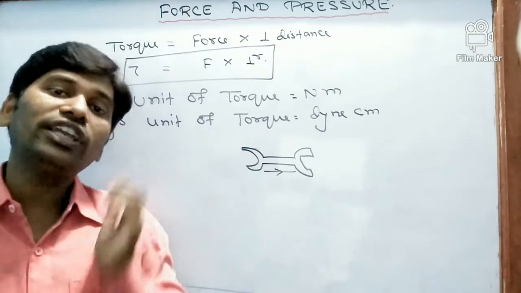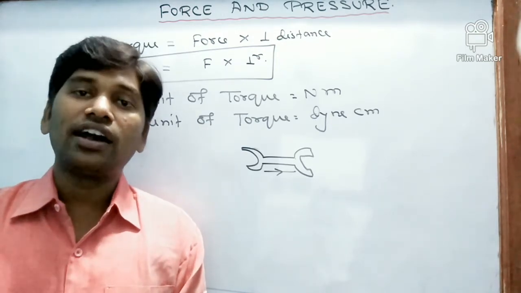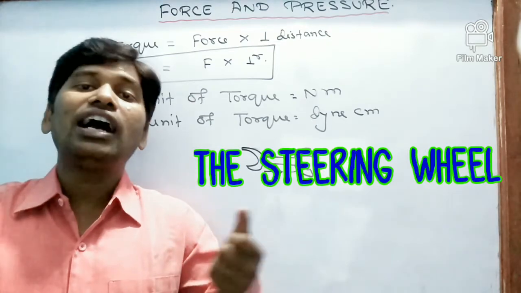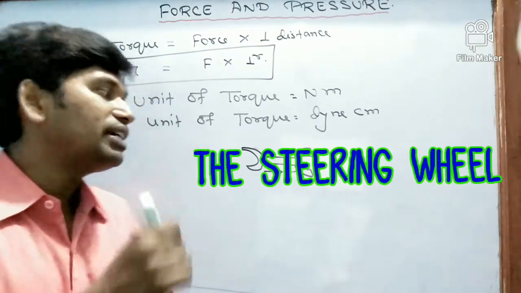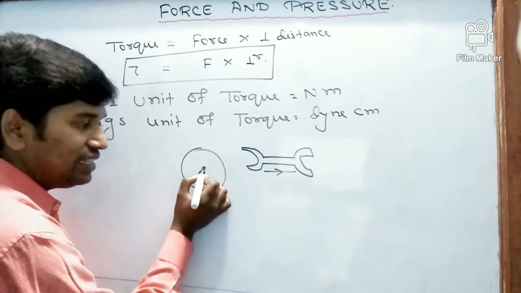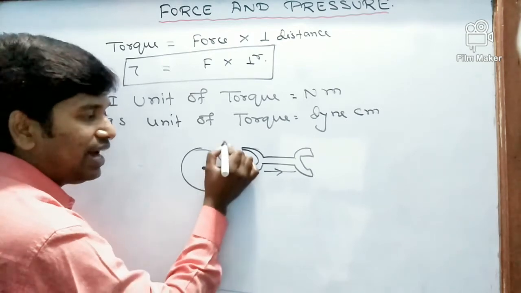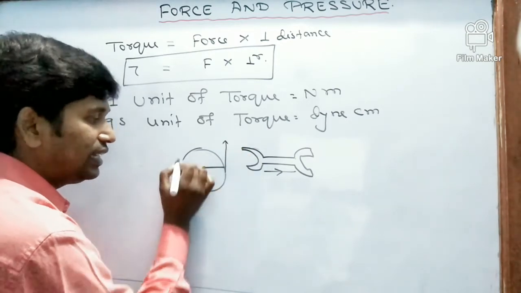Another example of torque is the steering wheel of a car. The steering wheel of a car rotates about its axis, the center, and this is the perpendicular distance. We apply the force tangentially.